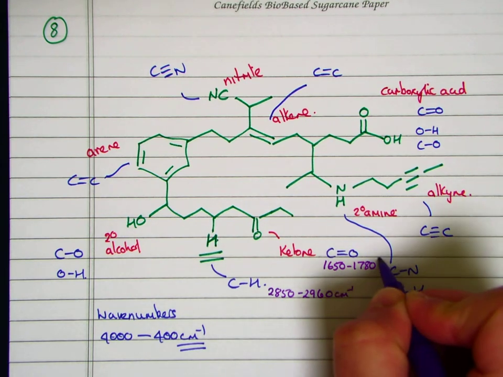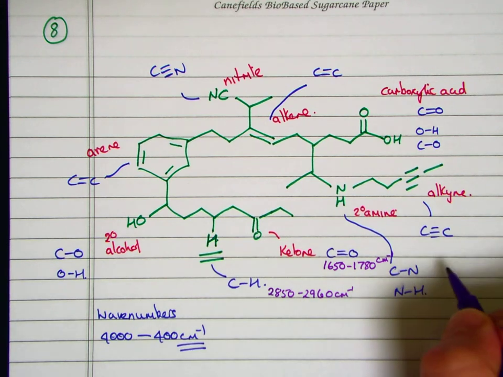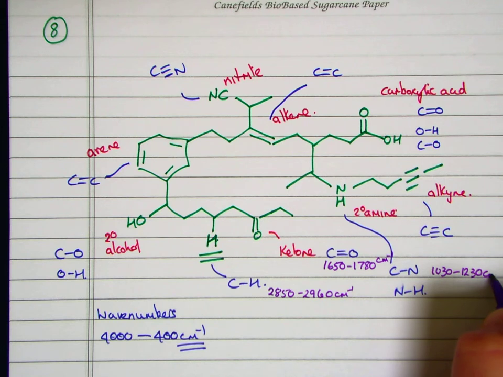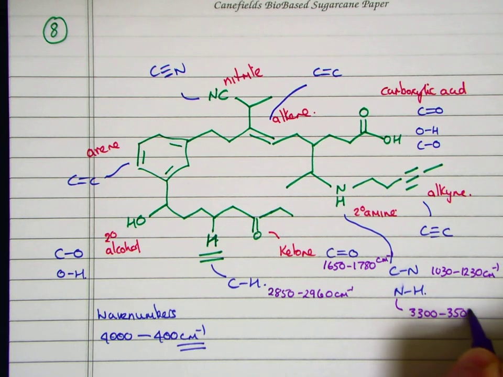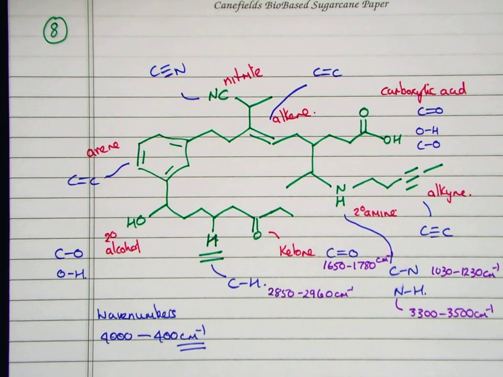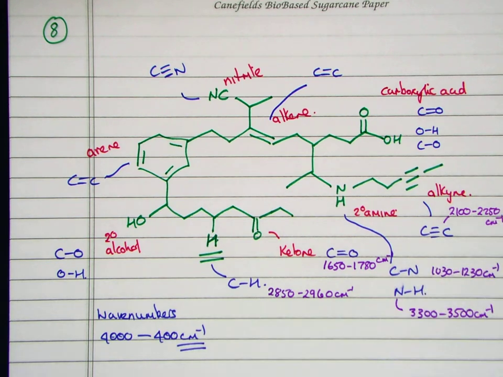I guess I should put centimeters to minus 1. A CN bond can be anywhere from 1030 to 1230. An NH bond is anywhere from 3300 to 3500. A C triple bond C is anywhere from 2100 to 2250. Hopefully you can see that still.